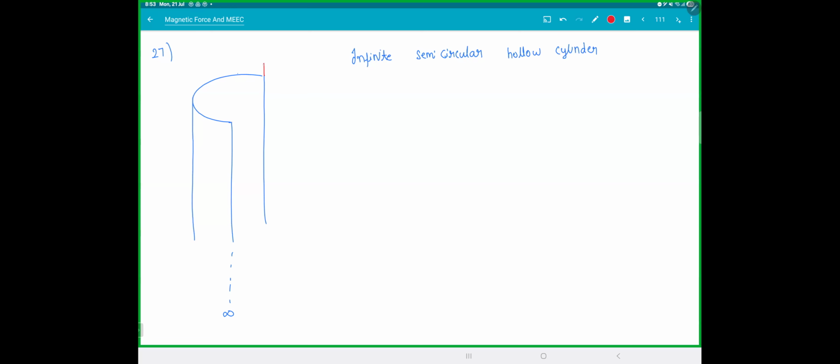So here current is flowing out of the thing like this. It is coming out. It's flowing along the surface. Hope you're able to visualize how it is. The total current is I. This is your axial line.